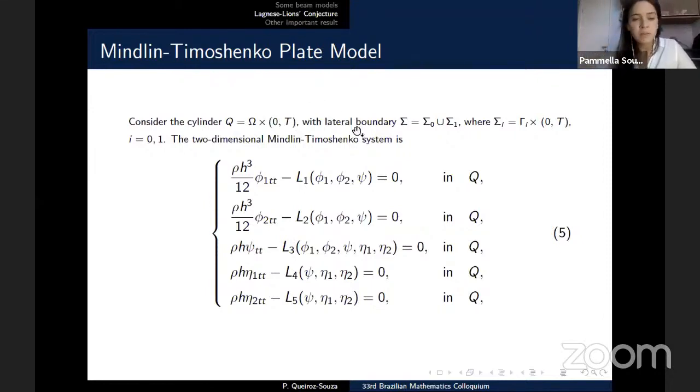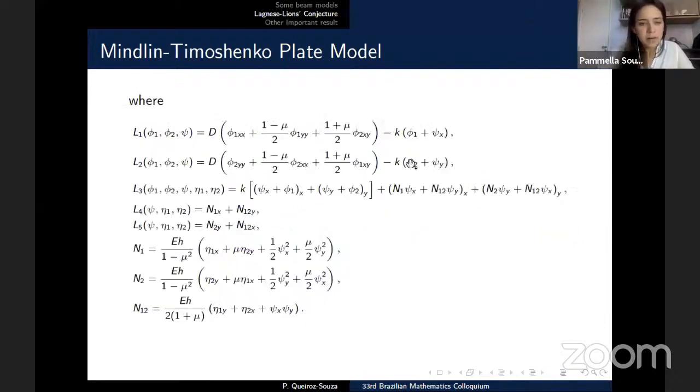And so the bidimensional Mindlin-Timoshenko system is given by this expression. Here it is important to see that in the plate model, we have two rotational angles and two longitudinal displacements. And more, the operators L1, L2, L3, L4, and L5 are given by this expression here.